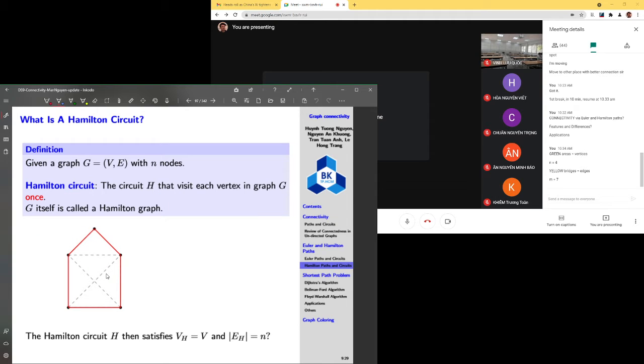And you see that the condition here is fulfilled, right? The vertices inside the Hamilton circuit are exactly equal to the vertex set of the original graph. And furthermore, the number of edges inside the Hamilton circuit is exactly 5. You see, 1, 2, 3, 4, 5.